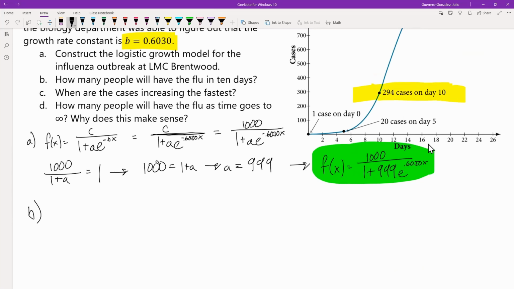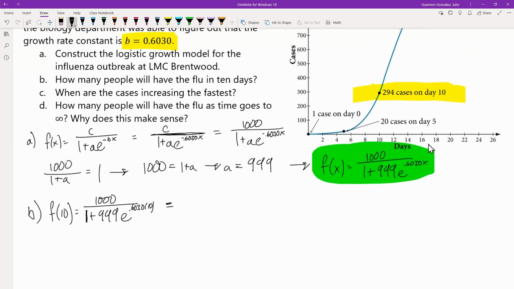It's exactly how you think we would compute it out. So we have f of 10, 1,000 divided by 1 plus 999 e to the negative 0.6030 times 10.